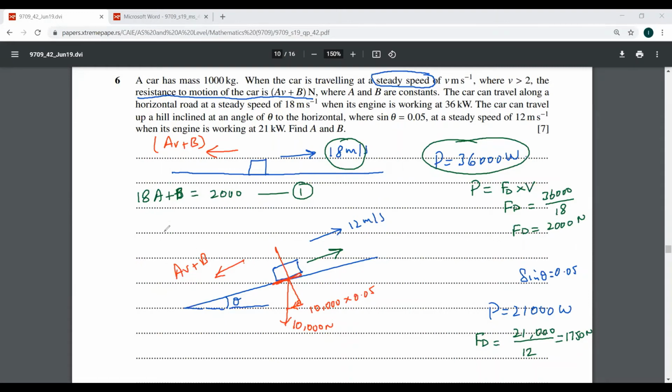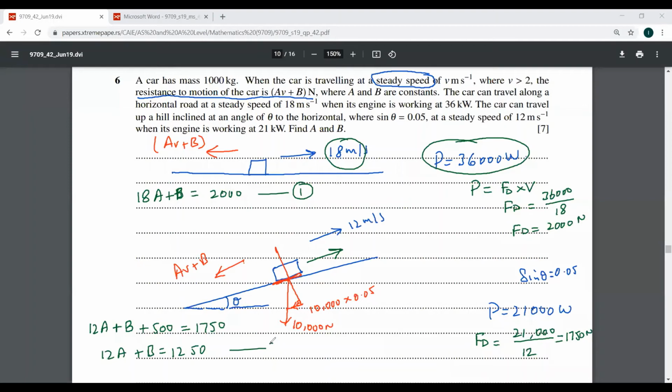And this time your equation would be 12A plus B, plus 10,000 into 0.05, is that 500? Yeah, this is 500, and that is equal to 1750. So 12A plus B is going to be equal to 1250.